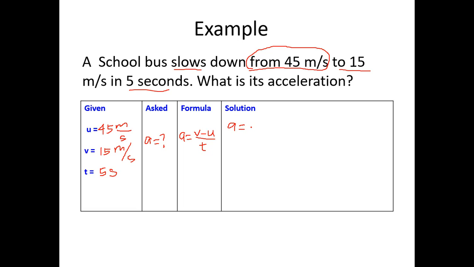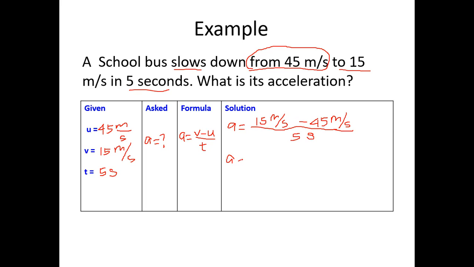A is equal to, so you have your v is equal to 15 meters per second minus 45 meters per second over, the time is 5 seconds.